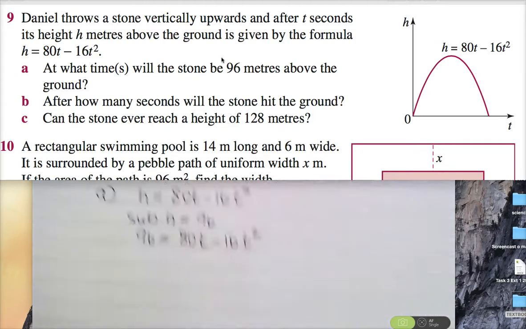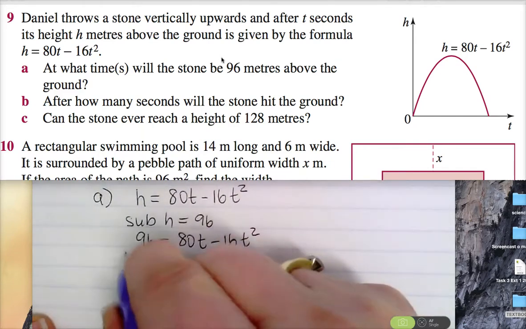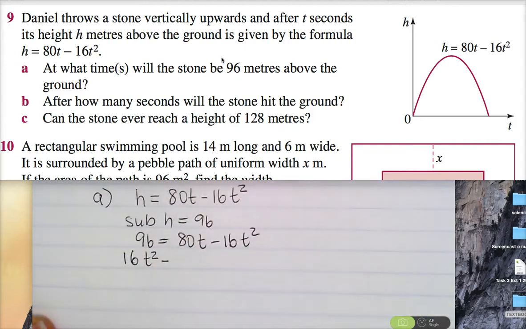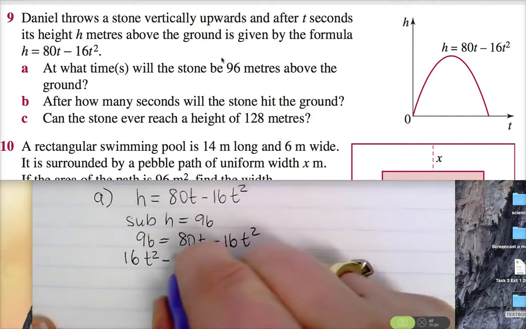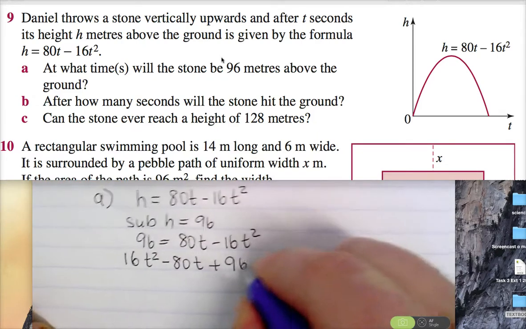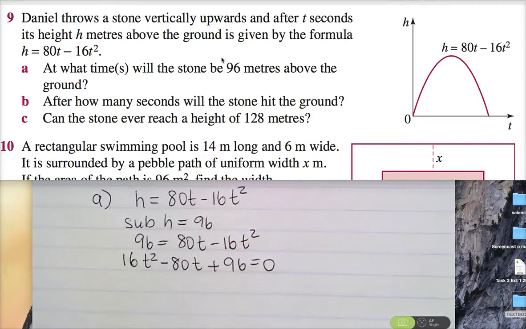Now what do I do? I move everything to the left to make the t squared positive. What do I write now? 80t. Minus 80t, because I'm taking them plus 96. Girls, see if you can divide 80 by 16.